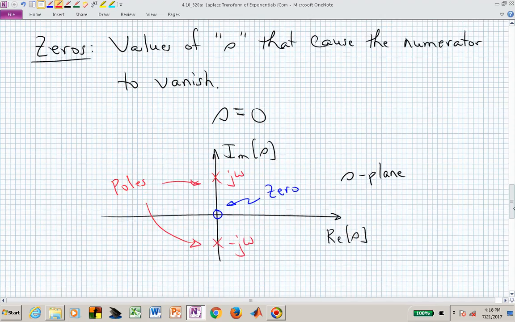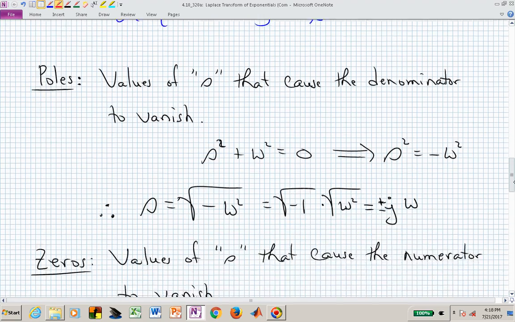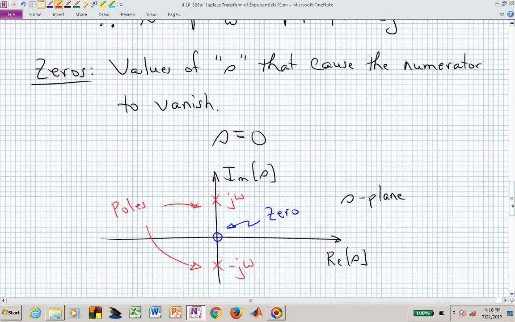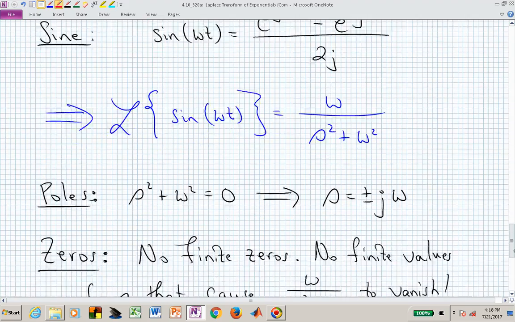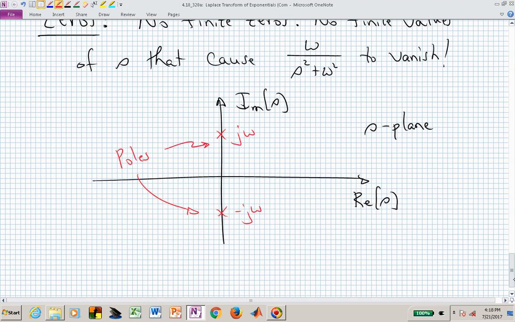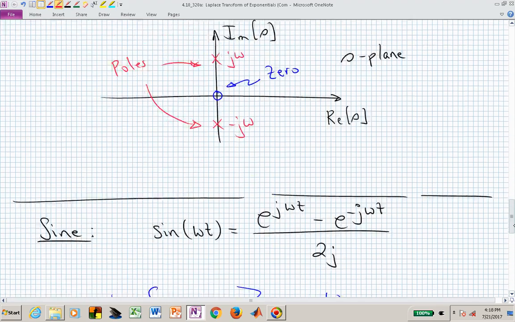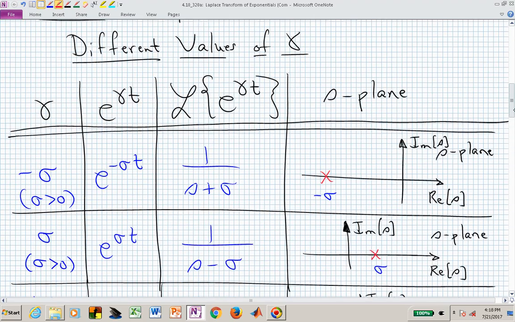There is one finite zero, and it's at the origin when we look at the Laplace transform of a cosine waveform. And that's what we need to start getting comfortable with. The pole zero diagram associated with sine, the pole zero diagram associated with cosine, and these pole zero diagrams for real poles, one corresponding to a decaying exponential.